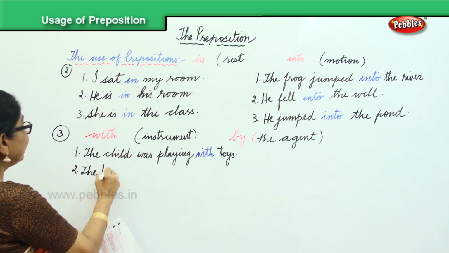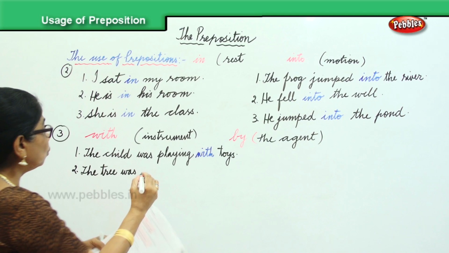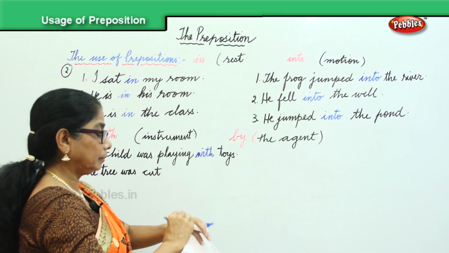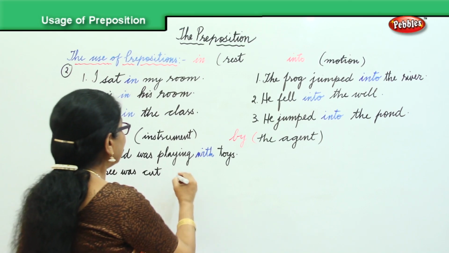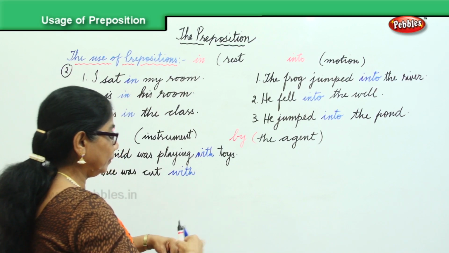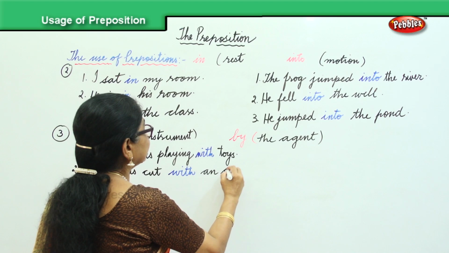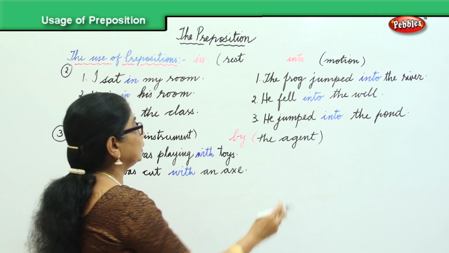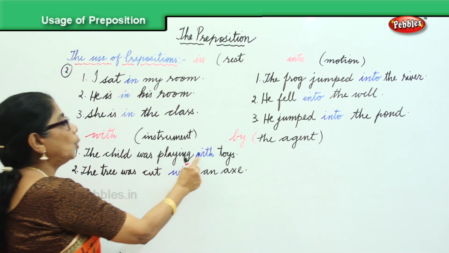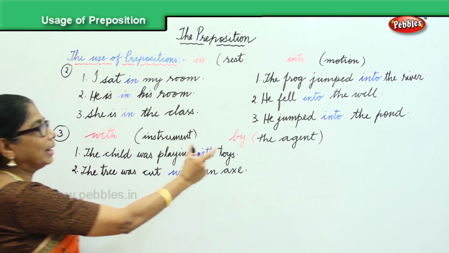The tree was cut with an axe. So, what is the instrument used here? With toys, with an axe.